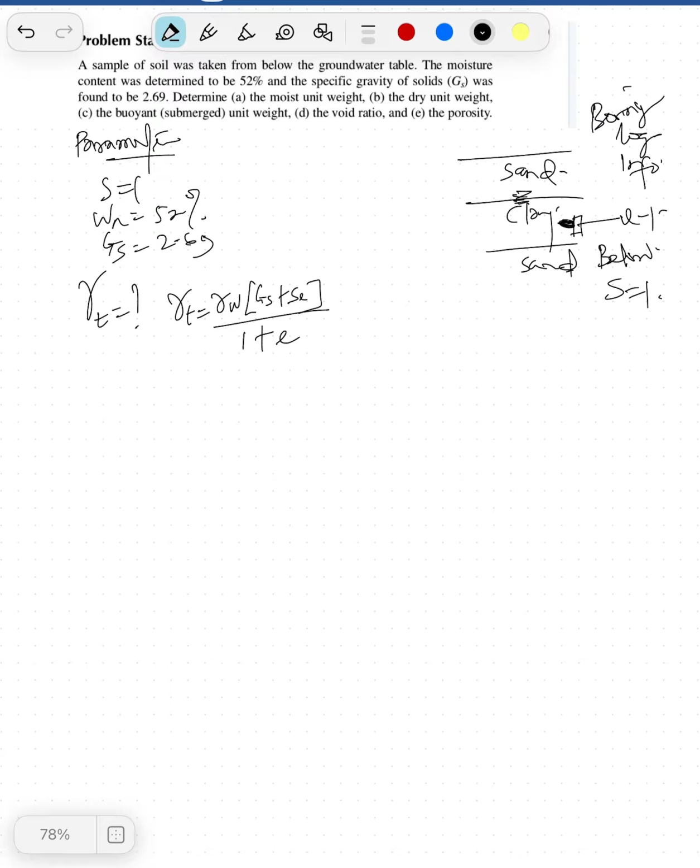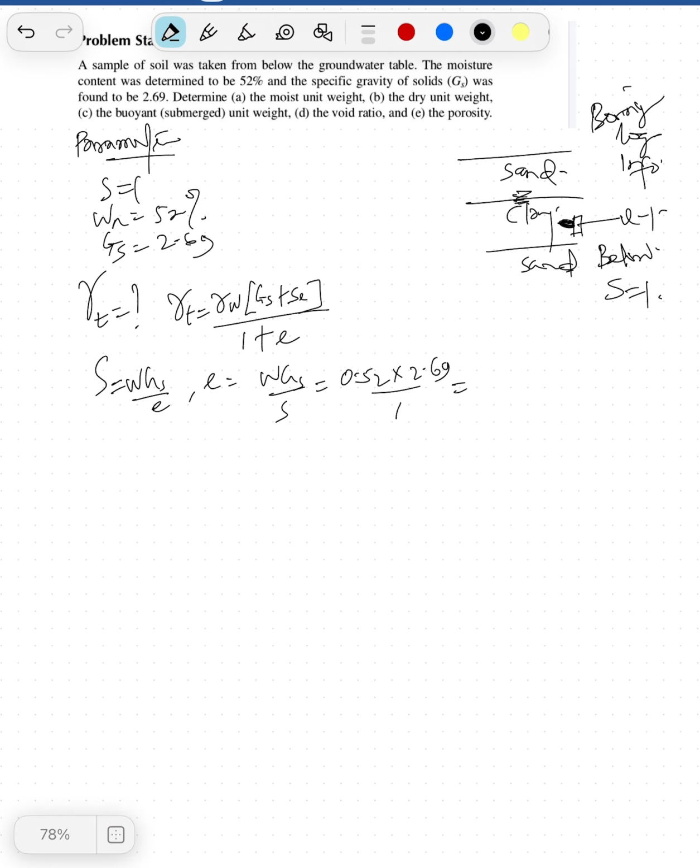But we don't know the void ratio, right? We know saturation is 1. We don't know the void ratio. So we have to use this equation: S equals w Gs over e. So e equals what? e equals w Gs over S, which is the water content 0.52 times 2.69 over 1.